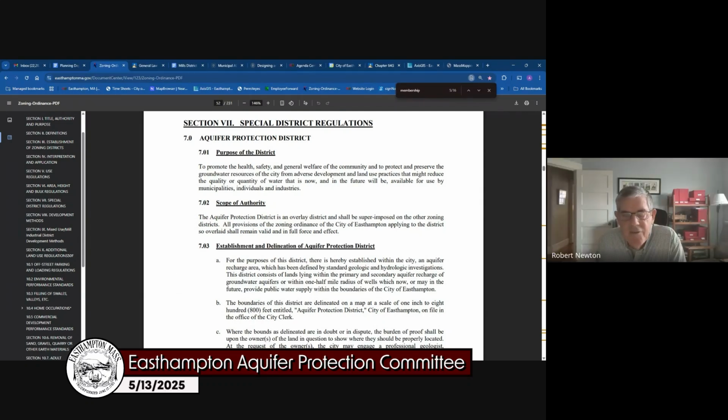I guess I have a general question: can you do an analysis where you consider the build out that could occur under the ordinances and zoning that we have, and how much of the recharge area could be covered with impermeable surface?